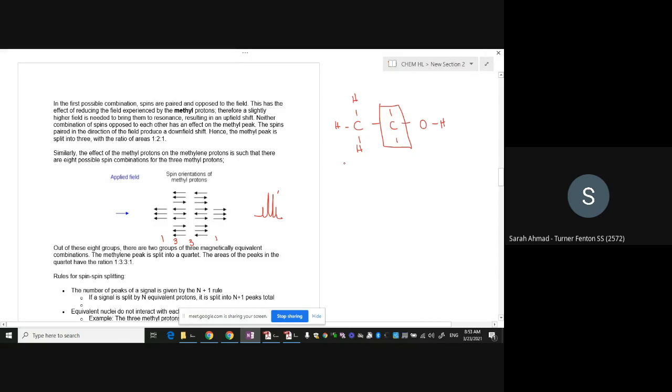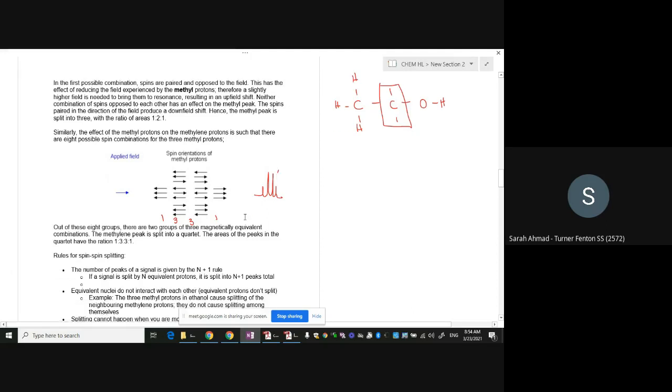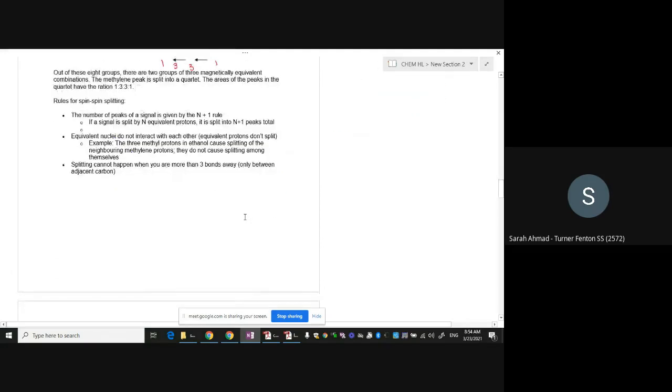I'm giving you reasoning as to where that splitting pattern and height is coming from. Do I expect you to give me all the possible arrangements each time you do a question? No. Do I expect you to know the splitting pattern? Yes. Triplet, quartet, done. The heights of them, when you see them, you'll get used to seeing them in that particular way, and it'll get you comfortable with what you're looking at.